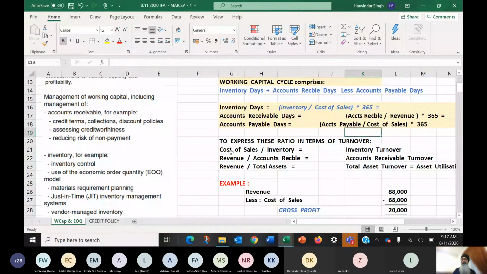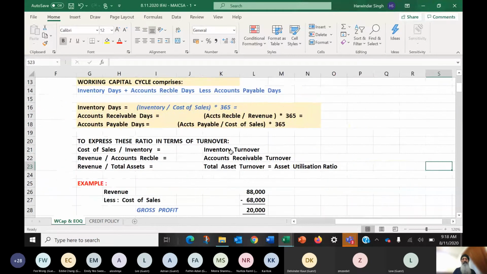If I flip it, revenue over accounts receivable, I'll get receivable turnover, and for the total assets that we have, usually we call this asset utilization. We take revenue divided by total assets, and if we flip it over, we get total asset turnover. Now, if I look at this total asset turnover, I can actually analyze this.